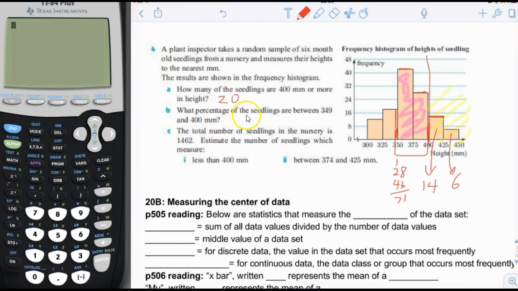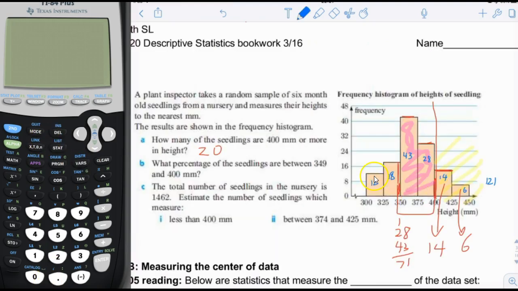Now to see what percentage of the seedlings is 71, we would have to know the total number of seedlings, which we would need to count all these frequencies and add them all up. Let me do that really quick. So I estimated the height of each one of these, and I wrote it in blue here. I added them all up. I got 121 total samples.